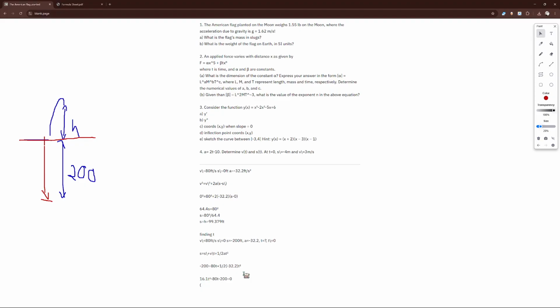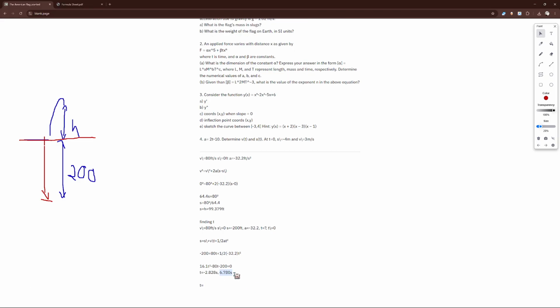If you plug that in, you should get two values for T. You'll get T is equal to negative 1.828, and T is equal to 6.800. These are both seconds, by the way. So we have two answers, but you're going to ignore the negative one because you can't have negative time. So always ignore negative time, right? That doesn't exist. So your final answer is just T equals 6.8.